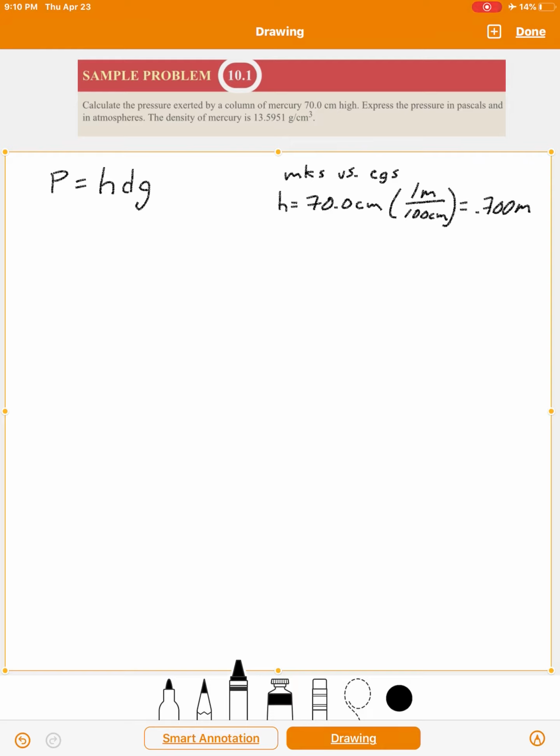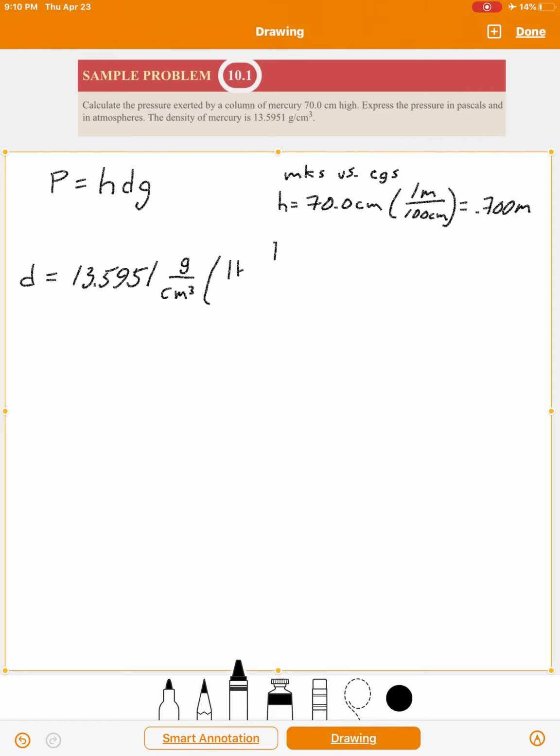The density is a little more complicated. The density is 13.5951 grams per centimeter cubed. We want to convert that to kilograms.